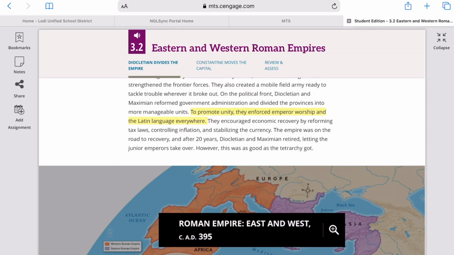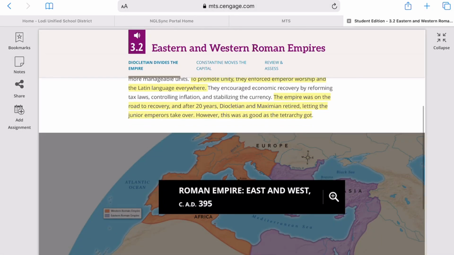So this practical approach was initially successful. The empire was on the road to recovery, and after 20 years, Diocletian and Maximian retired, letting their junior emperors take over. However, it was as good as the Tetrarchy got.